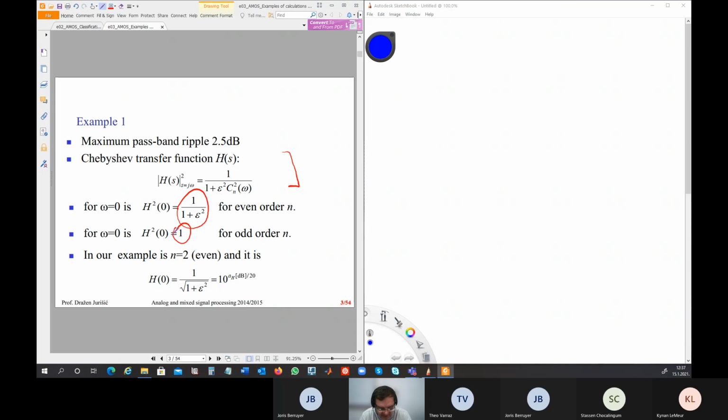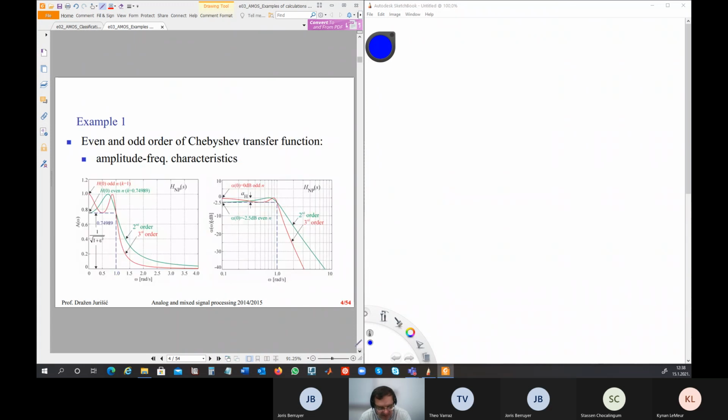So in our example, we have even order 2, and it is given by this. Of course, on the picture you can see it. For the odd order, we have gain at 0 here. For the even order, we have gain at 0 here. So this is our Chebyshev characteristic.